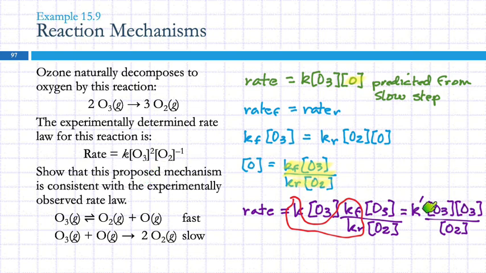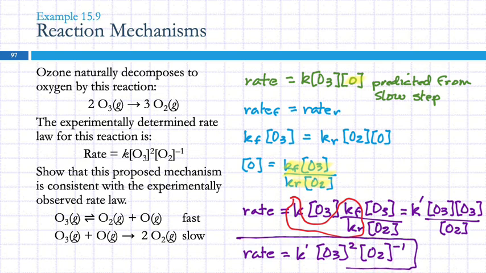But O3 times O3 is O3 squared, right? So rate equals k times O3 squared, and this O2 is in the denominator. So that 1 over O2 is the same as O2 to the minus 1. And so we come up with a rate law that matches the experimentally determined one.